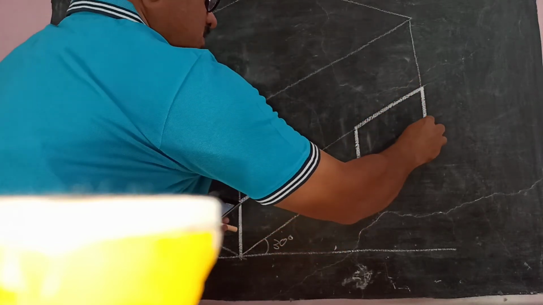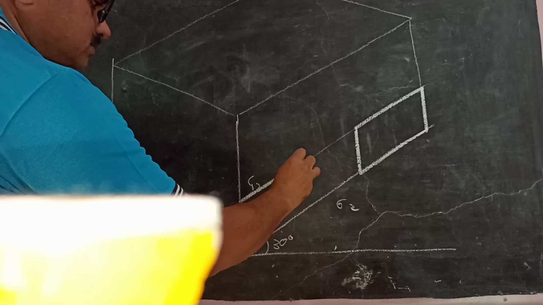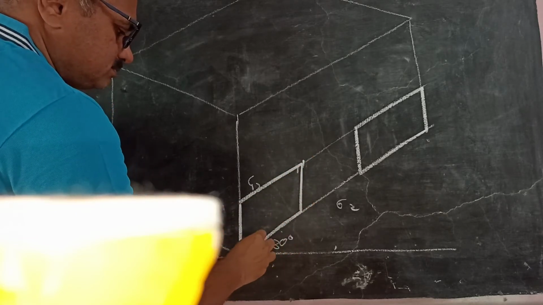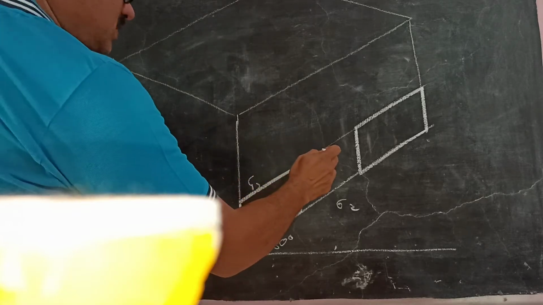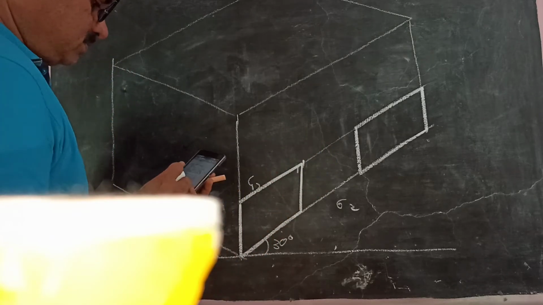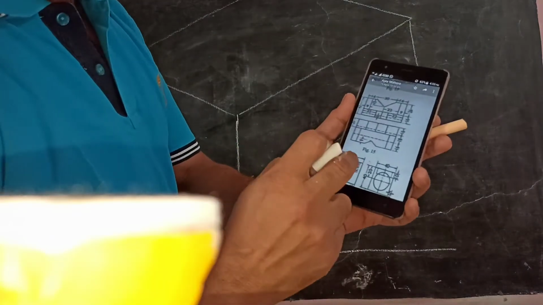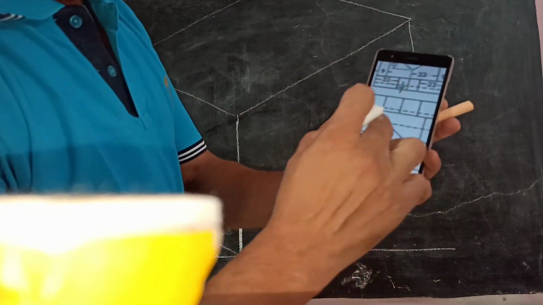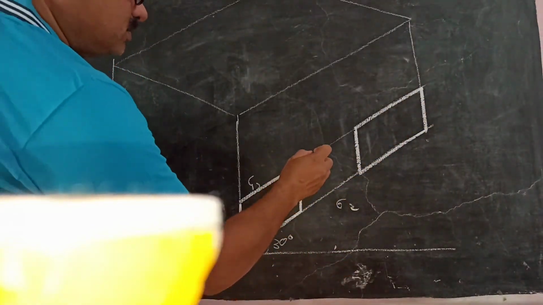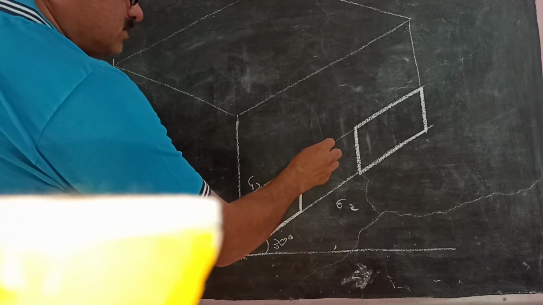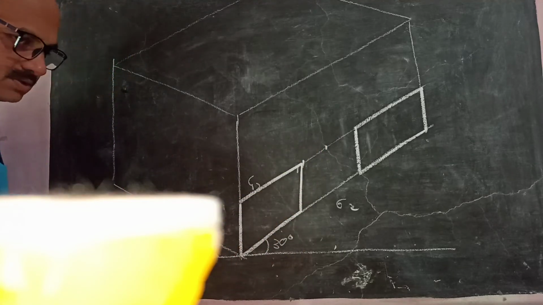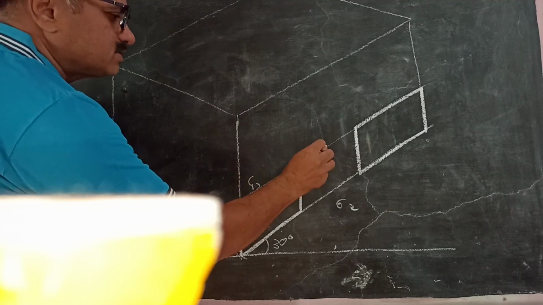This must be parallel to this, then this must be parallel to this, like this. Then this is having a depth of 9 mm. Here it is mentioned 9 mm. So take a midpoint of this and get this depth parallel to this width, that is 9 mm.